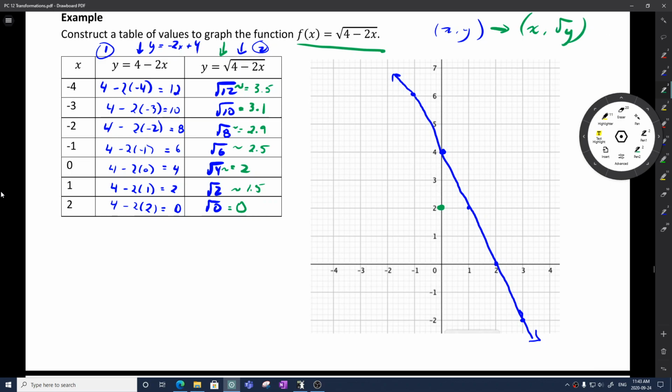Now, remember our critical learning from earlier. My y value here is 0. Whenever y is 0, this creates a stationary point. My y value here is 1.